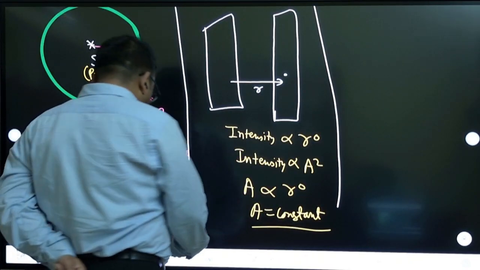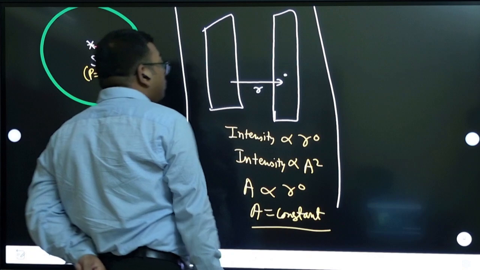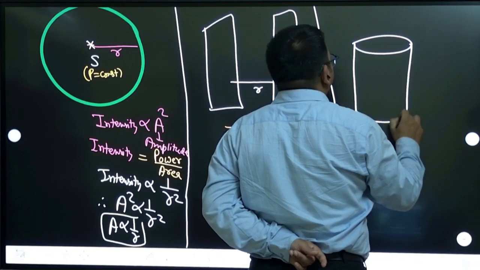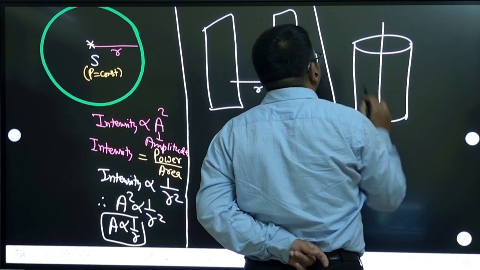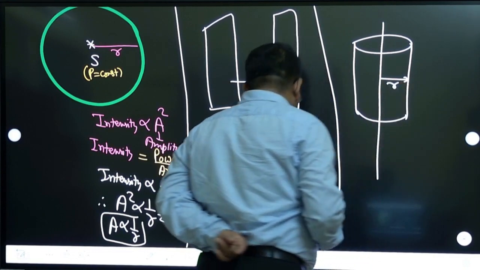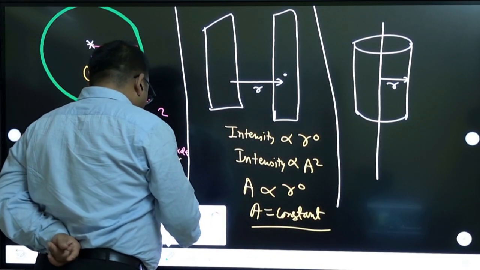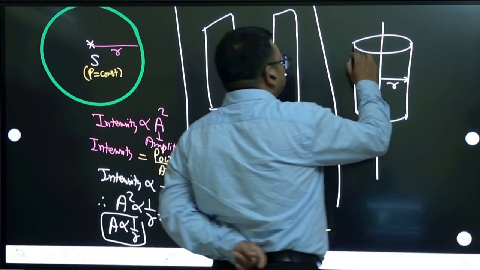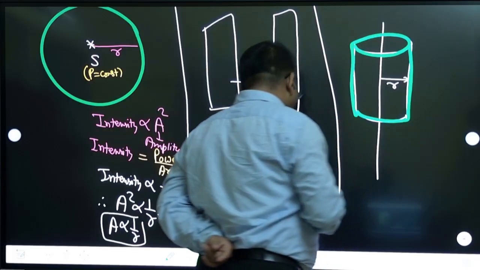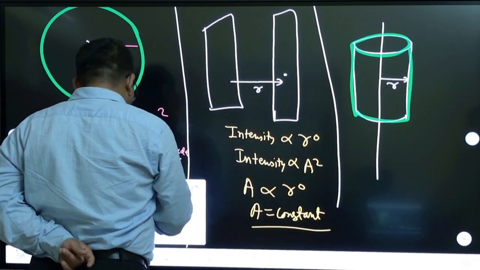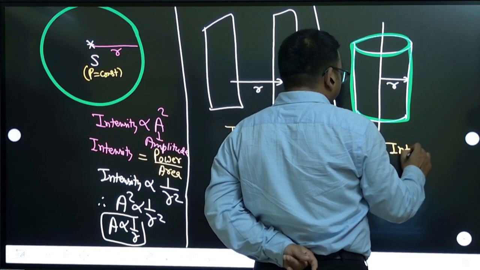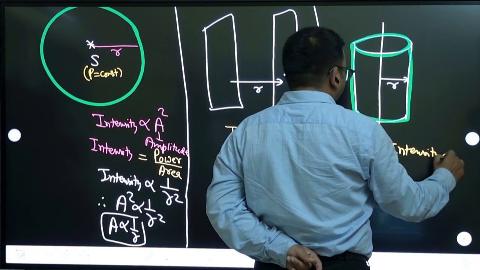Okay. Then what about the cylindrical wavefront? This is the axis of that, and you have taken a distance of r from here. Note that the energy is propagating such that it is spread over this cylindrical surface. Here, the definition that intensity is proportional to amplitude square you cannot change, because that comes from the wave phenomenon.